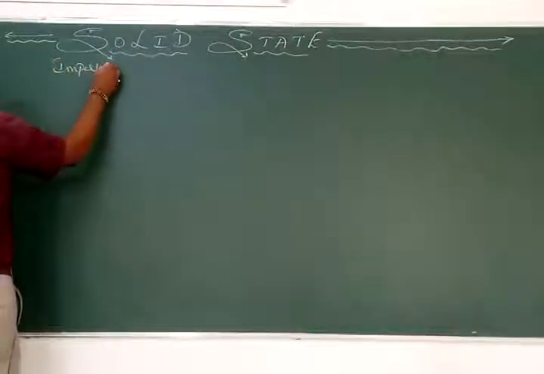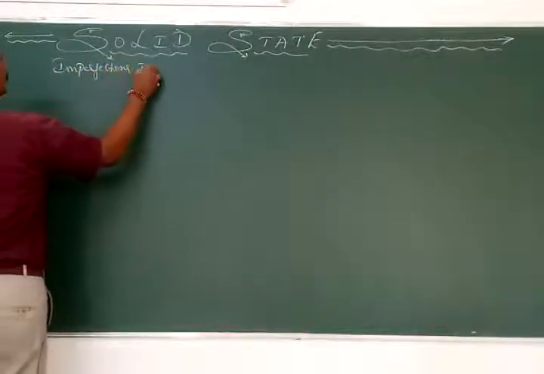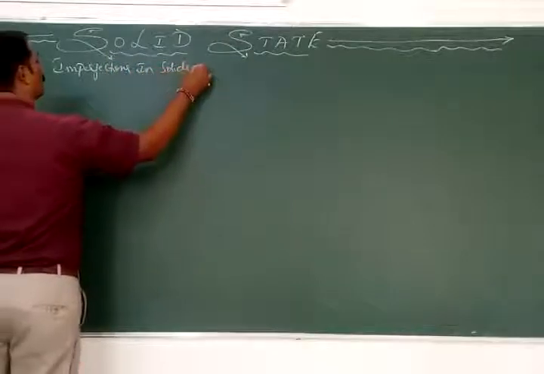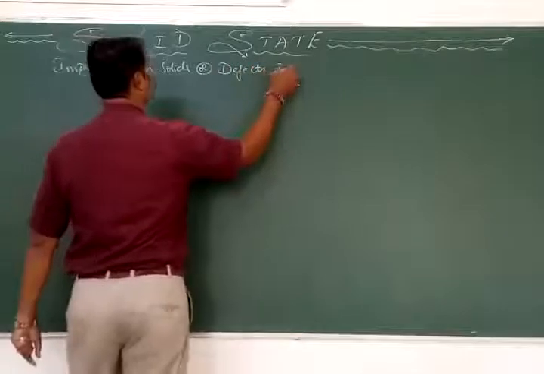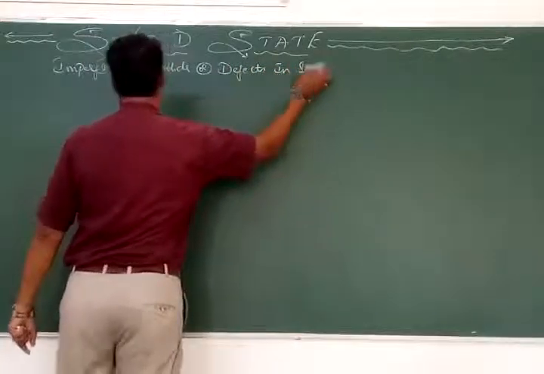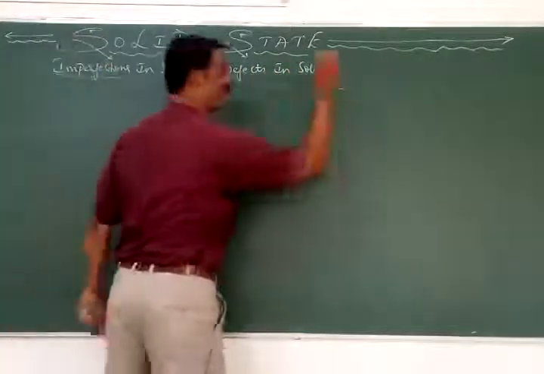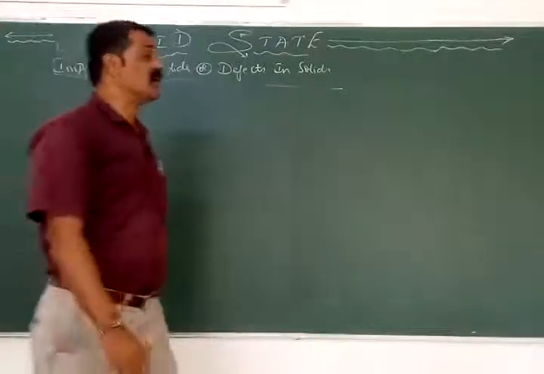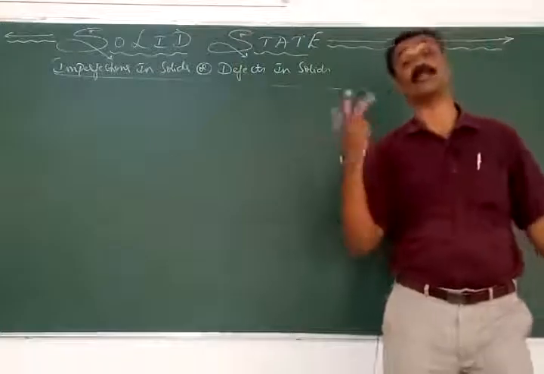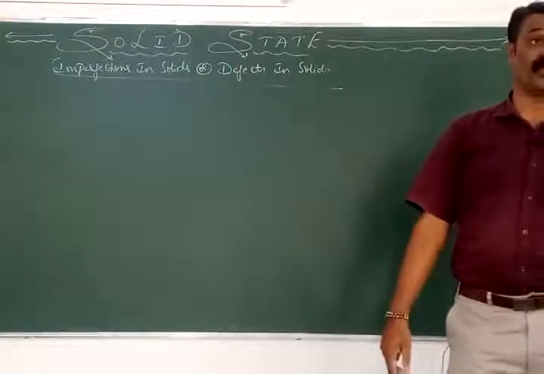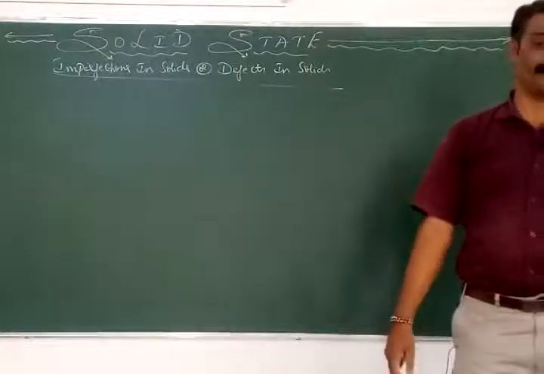Imperfections in solids, or sometimes it is also called as the defects in solids. Defects in which one? The solids. So we know that solids means it is the regular arrangement of its particles, maybe in the form of an atom or a molecule, or sometimes it may be the which one? Ions.